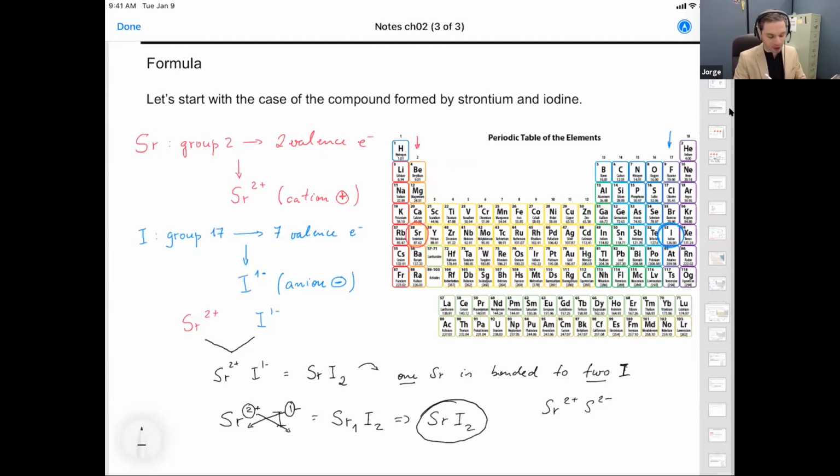Okay, very good question. Thank you very much. So strontium plus sulfur, that will create SrS. Okay, so you can simplify here and it's all good.